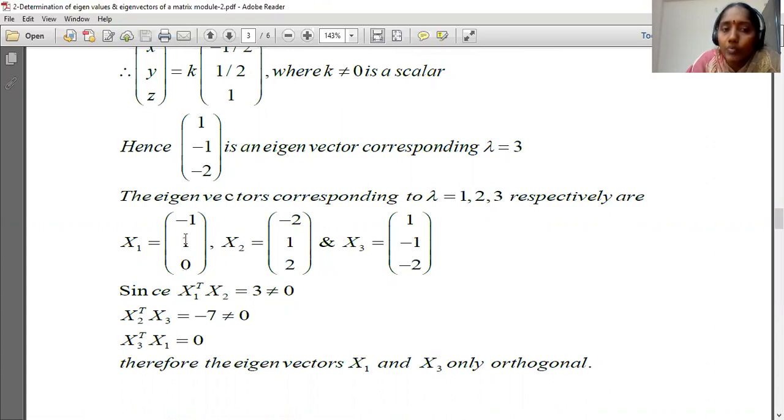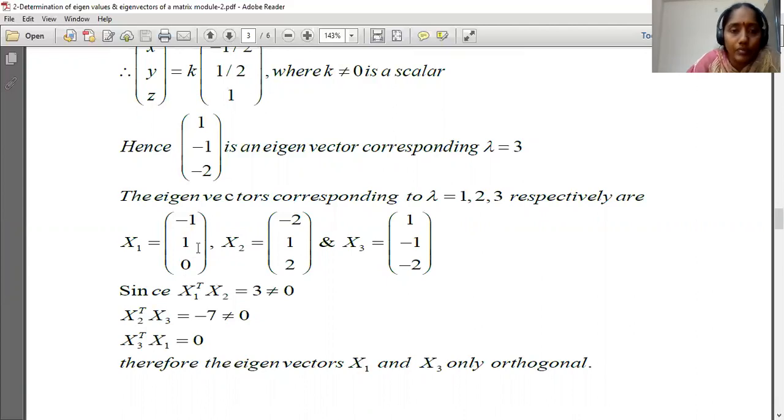That means x1 dot x2 is 0, x2 dot x3 is 0, x3 dot x1 is equals to 0. Dot product of each pair of vectors is 0 or not. If all those are 0, then we call those vectors orthogonal.